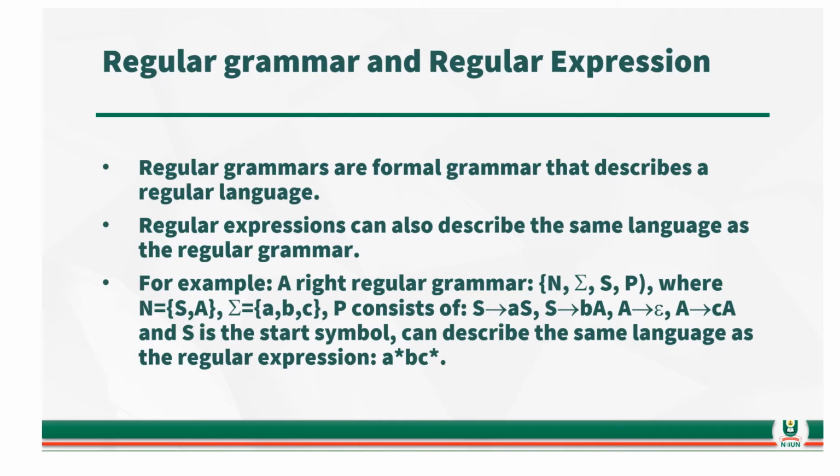For example, a right regular grammar given as a four-tuple N, sigma, P, S, where N is a set of non-terminal symbols, sigma is a set of terminal symbols A, B, C, P consisting of the production rules, S implies AS, S implies BA, A implying epsilon, A implying CA, and S being the starting symbol.